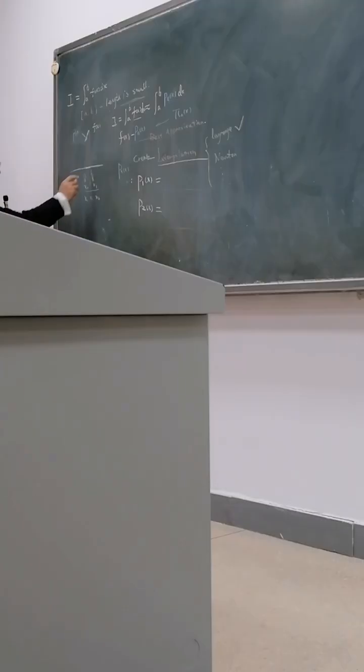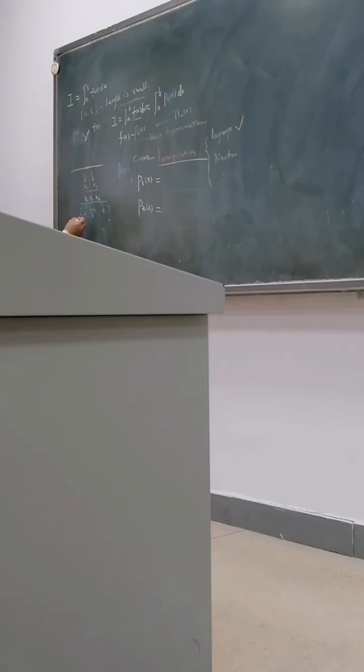If we partition this interval into two parts, we may use x0, x1, x2. In our experiments, we may use x0 equal to a, x2 equal to b, and x1 equal to (a plus b) over 2.